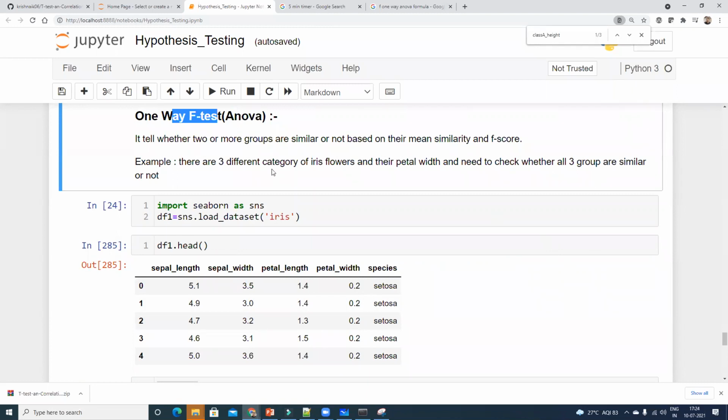See, in one-way ANOVA there are multiple groups, right? ANOVA means multiple groups.